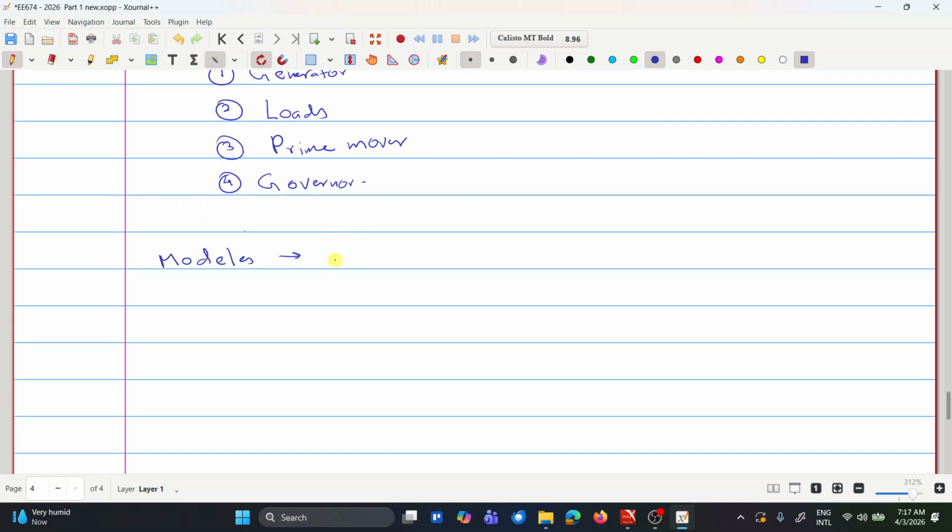So the models are a mathematical representation of the components. You can derive this mathematical representation in different ways based on your requirement. When you are doing a steady state analysis, you come up with a different model. When you are doing a transient analysis, you come up with different models, and so on.